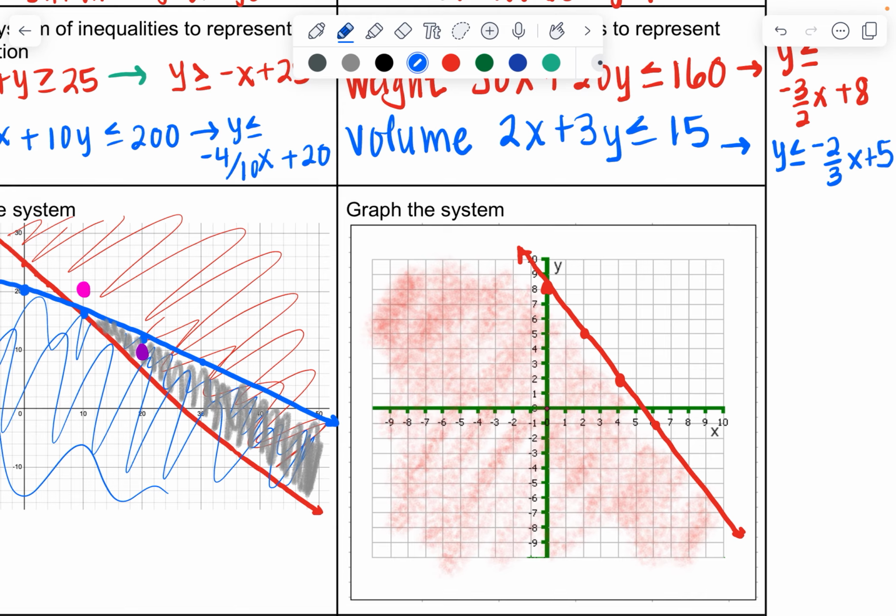And then for our volume inequality, we have a y-intercept of 5 and a slope of negative 2/3.